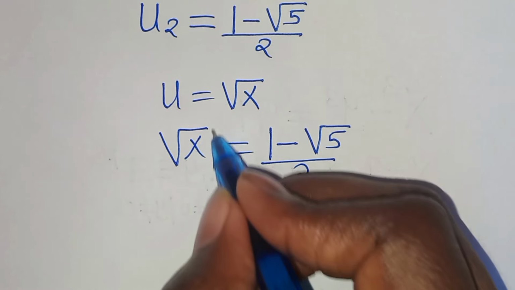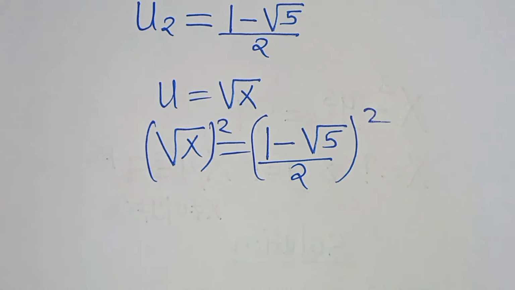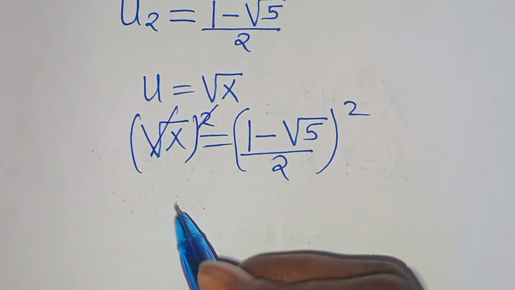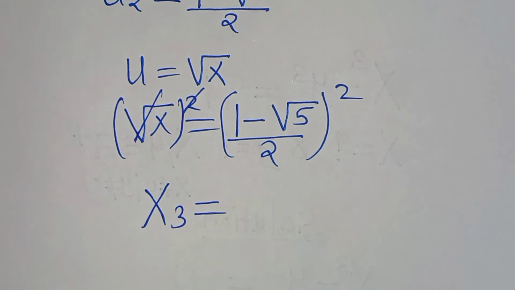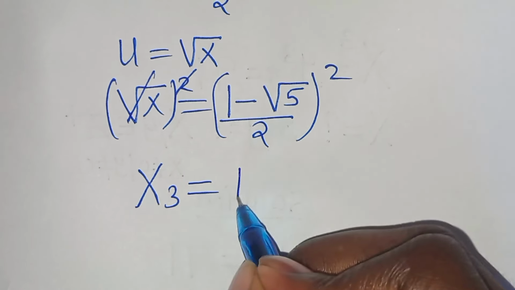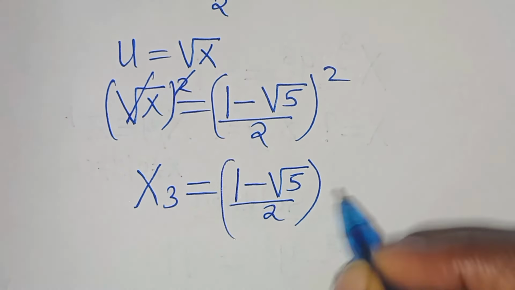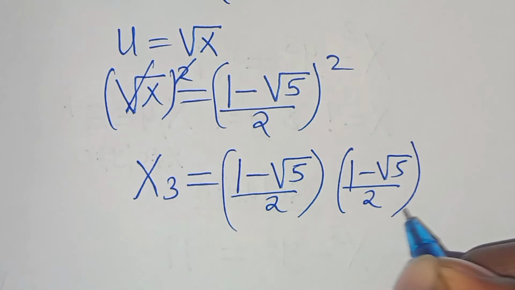So to solve for x here, we square both sides so that now we have here, this is x, you can call this x3. This is equal to, now this is 1 minus square root of 5 over 2 here, multiplied by 1 minus square root of 5 over 2.